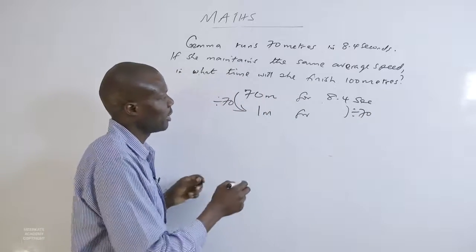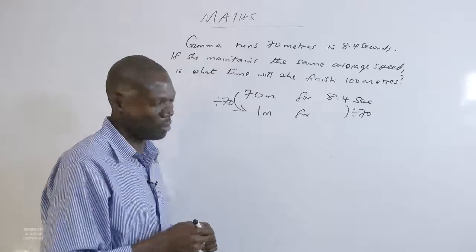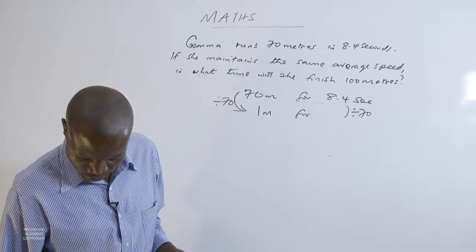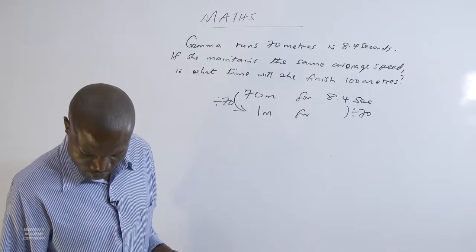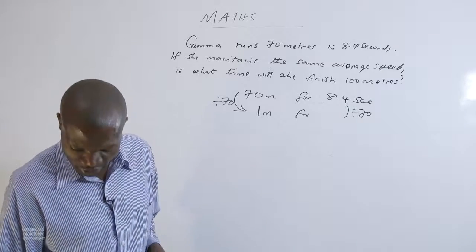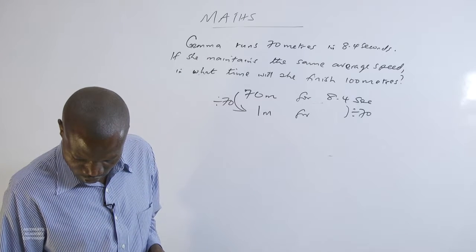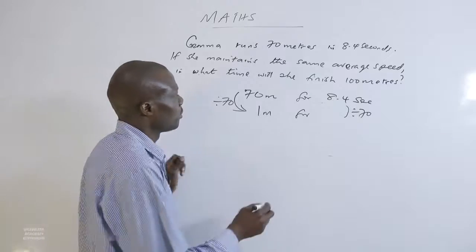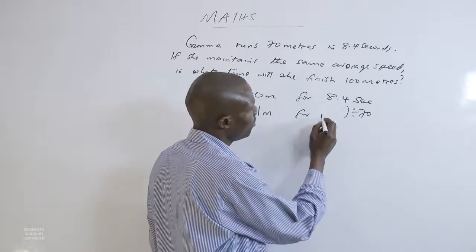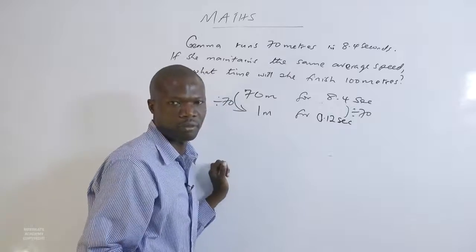You can use your calculator to get the value there, so that we get 1 meter is equivalent to how many seconds. So here it is 8.4 divided by 70, which gives us 0.12 seconds.